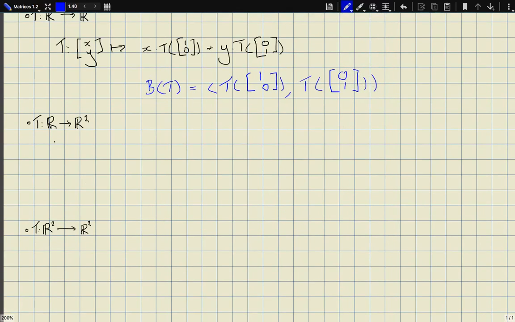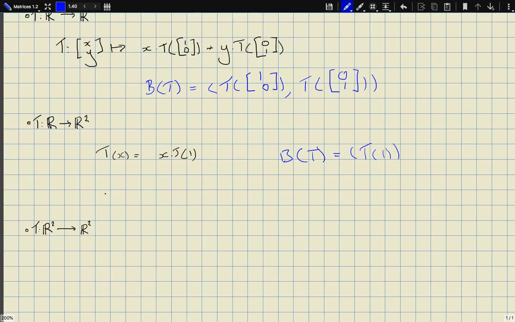Okay, how about this one here? So here we have T as a transformation from R to R squared, and we actually have the same basis here because T of x equals x times T of 1. But in this case, while we still have that the basis of T is the list containing only T of 1, we now have that T of 1 is actually a two-dimensional vector.